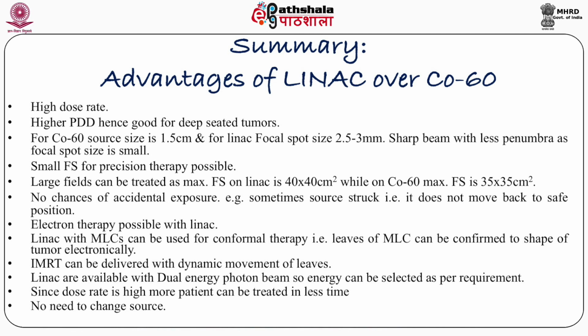For the Cobalt 60 source, the size is 1.5 to 2 centimeters. The more the focal spot size, the more the penumbra. While in the case of LINAC, the size of the focal spot is small, and penumbra is very small.